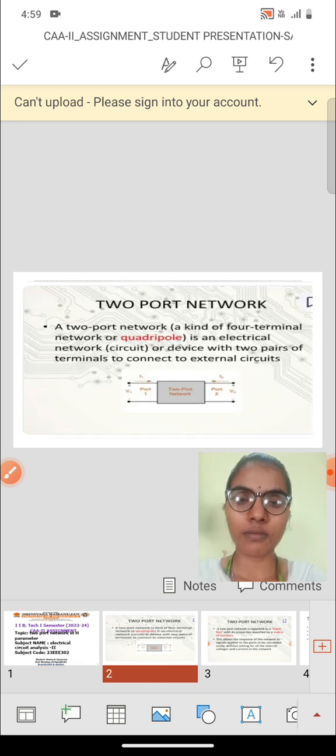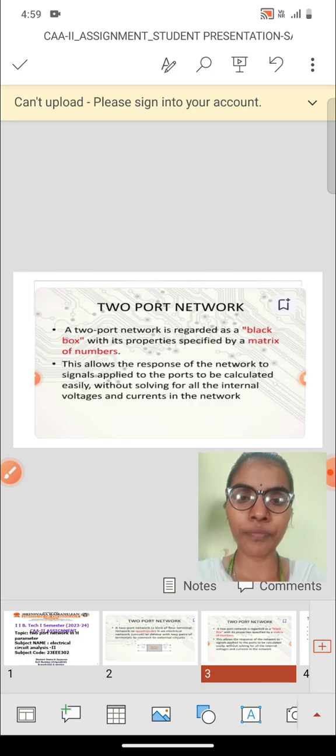Two-port network. A two-port network, a kind of four-terminal network or quadruport, is an electrical network circuit or device with two pairs of terminals to connect to external circuits. This is the diagram.